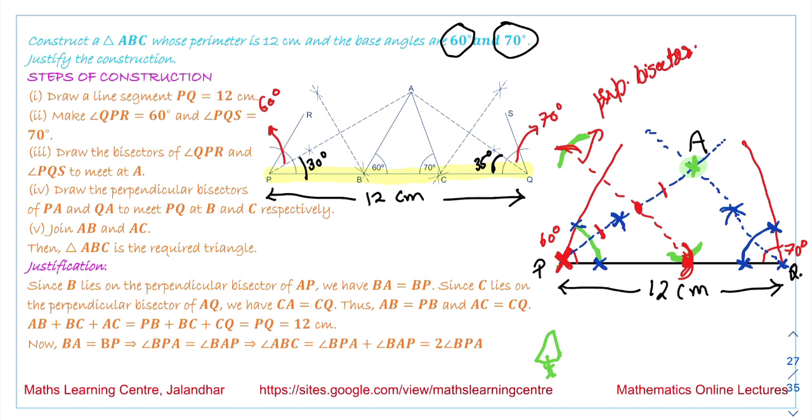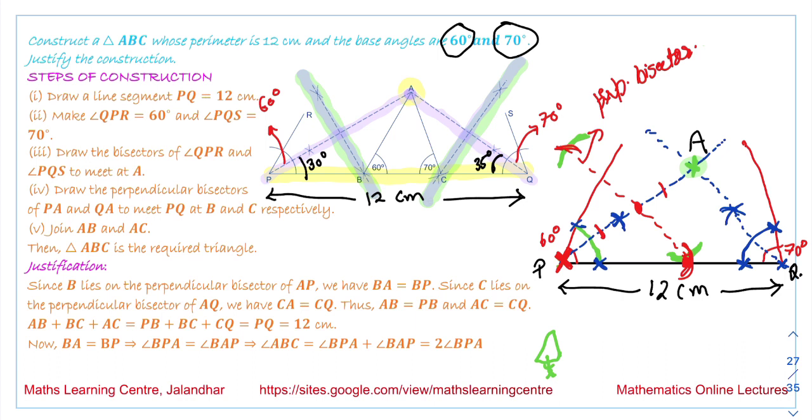The point where these two bisectors meet, we call this point A. Next we have drawn the perpendicular bisector of PA and the perpendicular bisector of AQ. This is the line PA, and this is the perpendicular bisector of PA. This is the line AQ, and this is the perpendicular bisector of AQ.